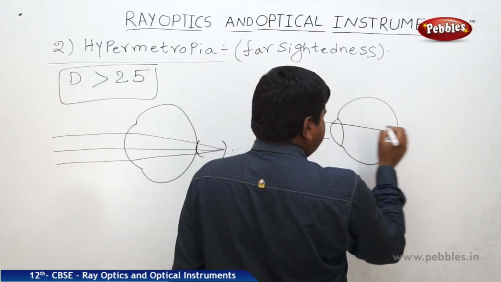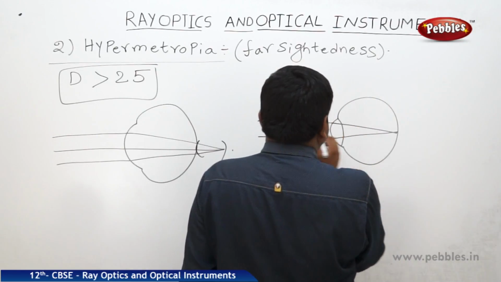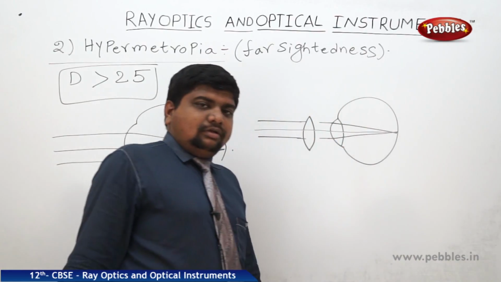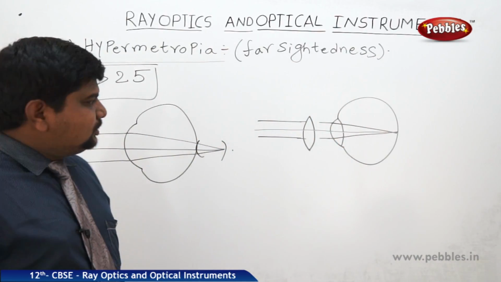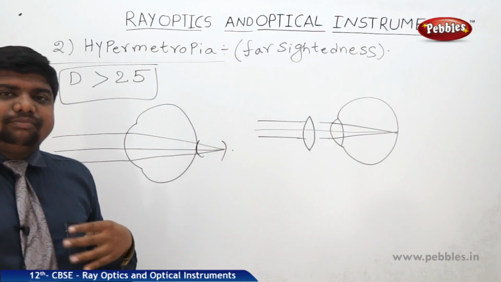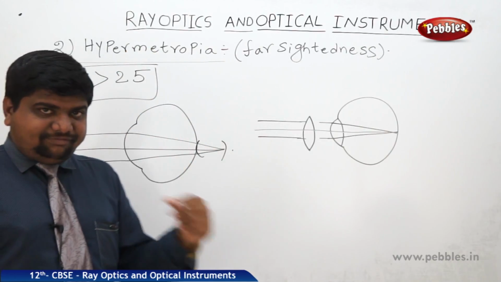So by using a biconvex lens, we can overcome this problem. This is also one of the eye defects.